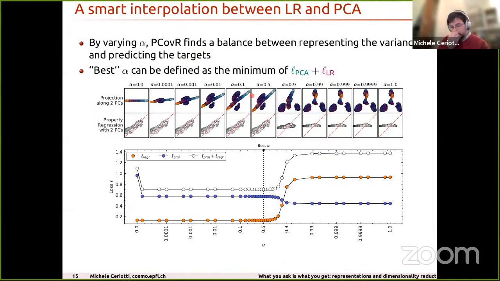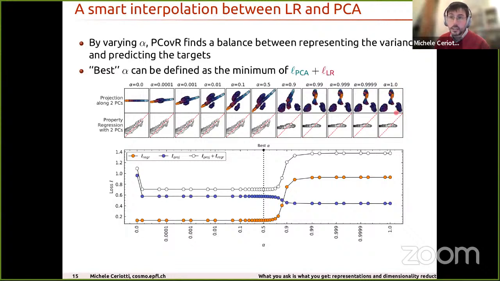So if you run this as a function of the mixing parameter, you basically end up with something that on one end gives you linear regression. You predict your target properties pretty decently, but your low-dimensional map is essentially just projecting the feature matrix on the vector of linear regression weights. So this is usually not particularly informative.